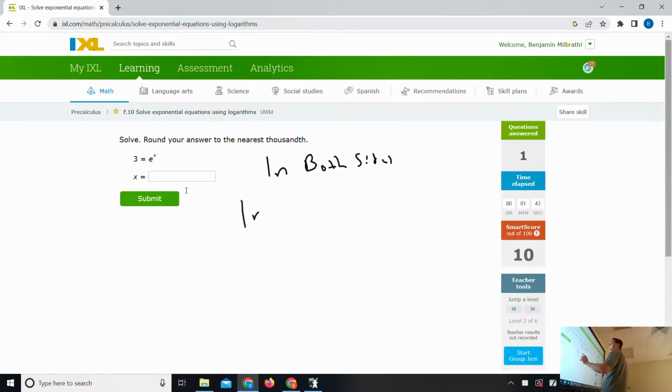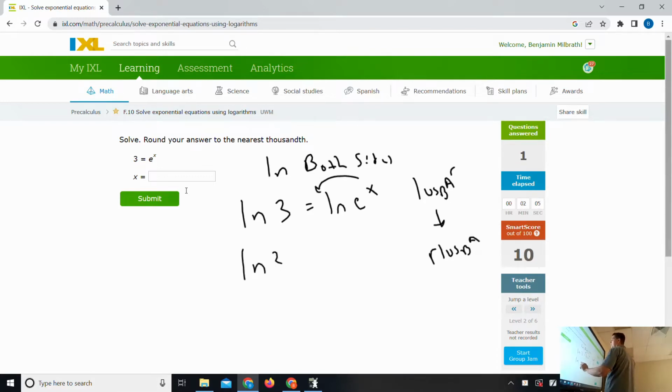But if we natural log the 3 for equality purposes, we have to natural log e to the x. We have the property, which I've written numerous times here, log base b of a to the r is r log base b of a. So this x goes out front. Natural log of 3 equals x, natural log of e.